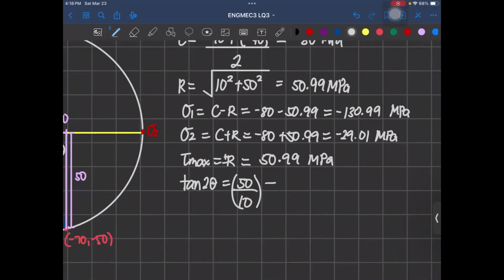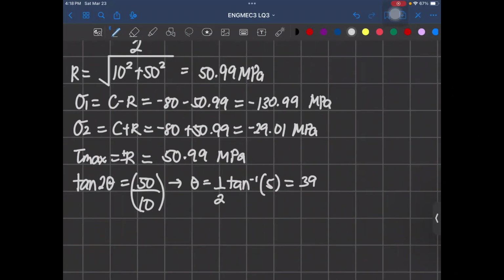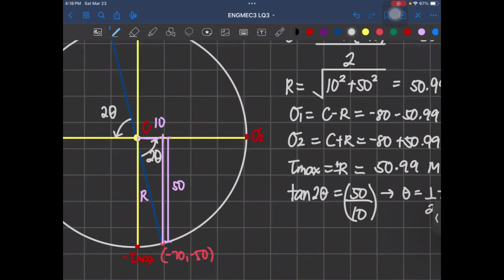So it's just theta is equal to 1/2 arctan of 5, simplifying everything. And it will also yield a value of 39.35 degrees. So here, we also know that it's moving counterclockwise.